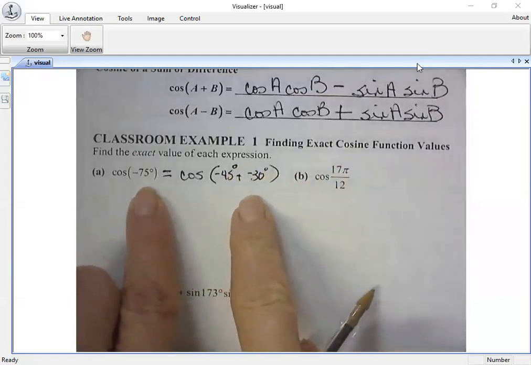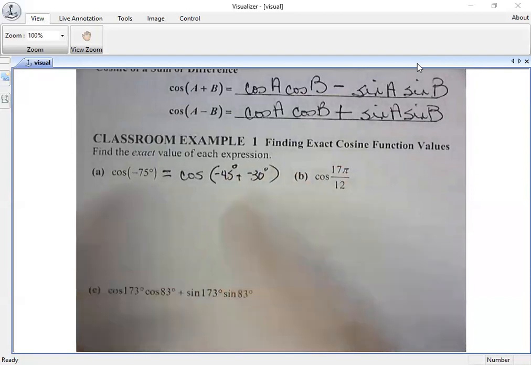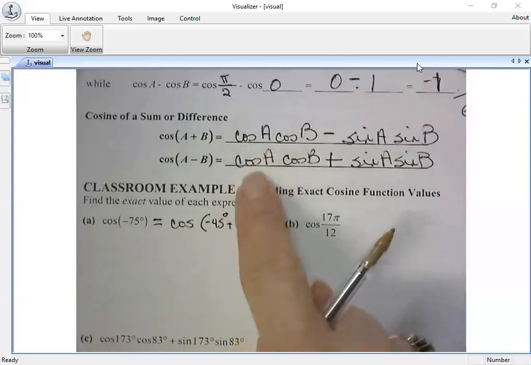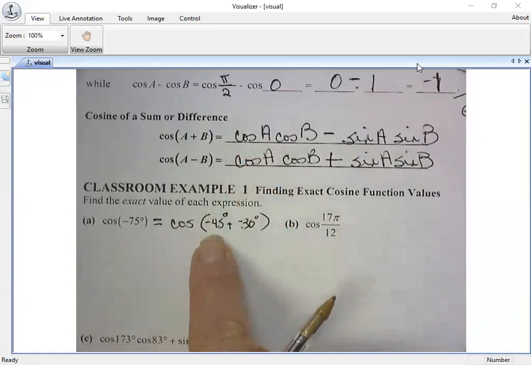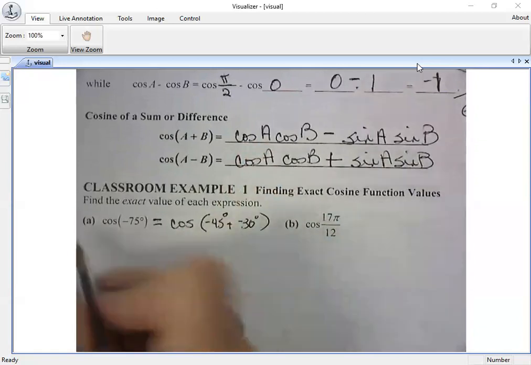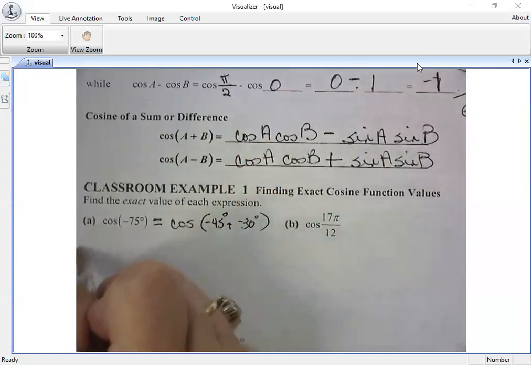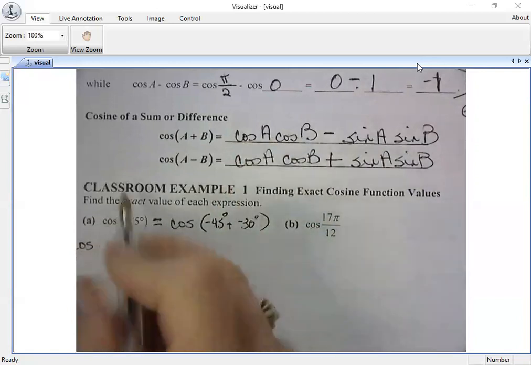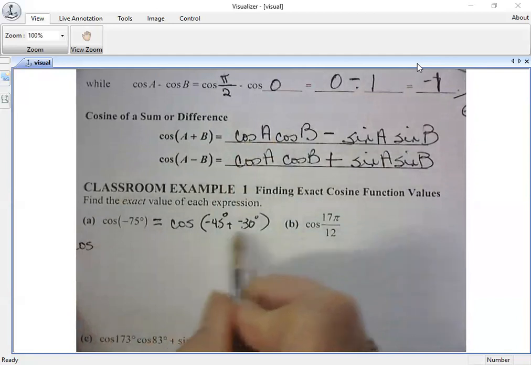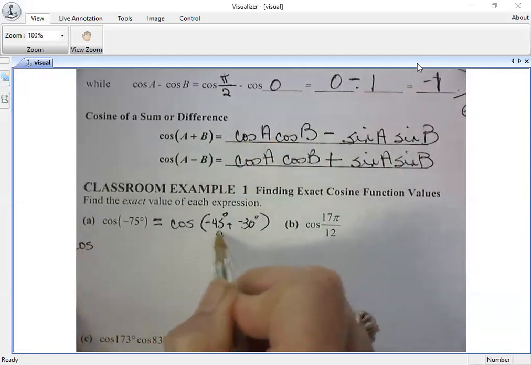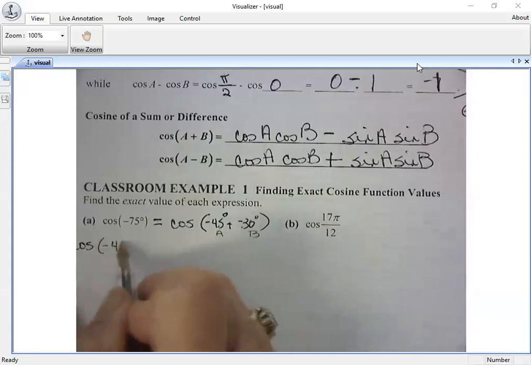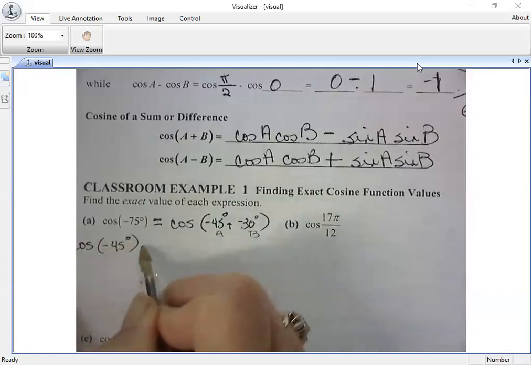Okay. But the problem is, I know I can't just do it this way or this way. I'm going to have to use one of these formulas. All right. So tell me how we would write this. We'd have the cosine, because we start with cosines first, of what would we do first? Yeah, this is like your A, this is like your B. So cosine of negative 45 degrees. Then what?